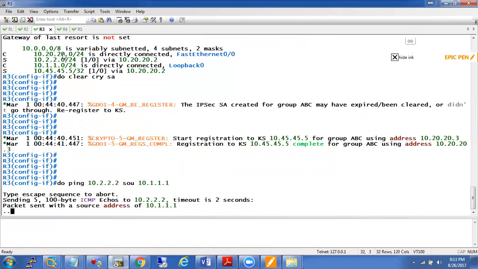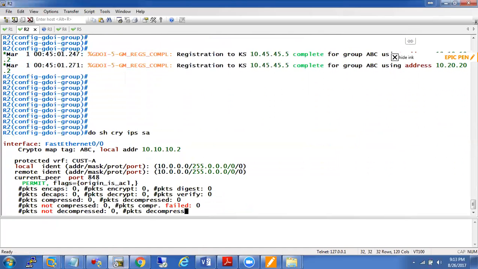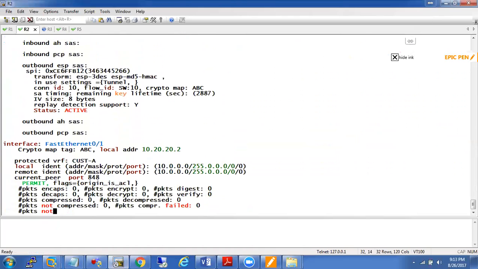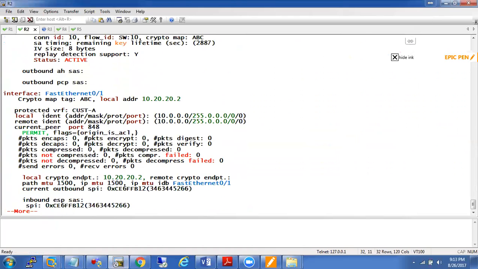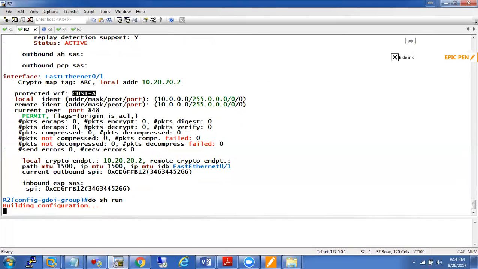Three to one is not working. 3 to 2 is not working. Show crypto IPsec SA. 10.0A is okay. It's also protected. VRF is A, that's why. And why is that? I must have misconfigured somewhere.